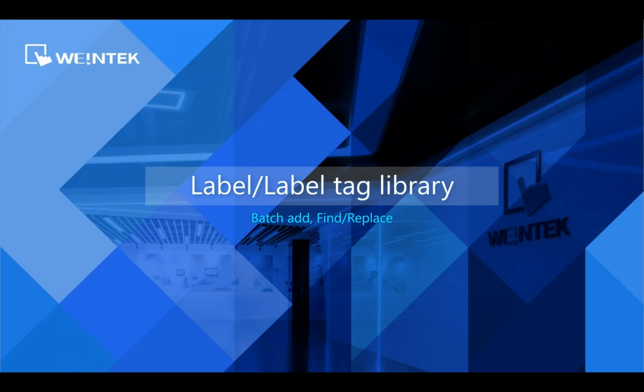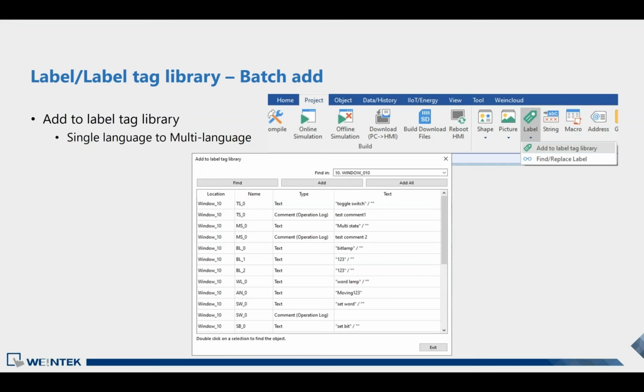Let's move to the next part. This part is for the label and label tick library for batch add and find replace. Okay, when we start a project, most of it is domestic based with one language.